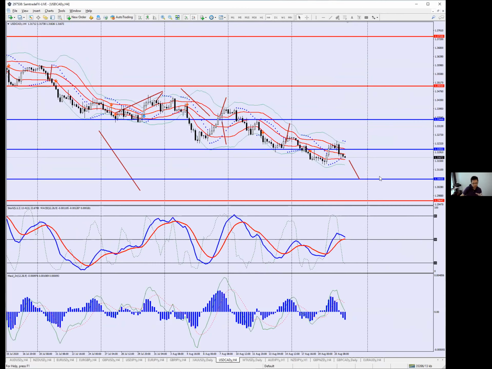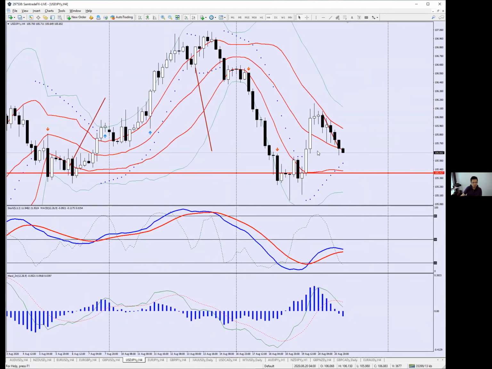Okay, so that was the US CAD. I wanted to touch back on what I shared yesterday. The US yen: I was saying that we were looking at it possibly coming back down towards the 105.41 level. It's done that exactly. I have not changed this brown line that I drew yesterday. I hope some of you got into that trade, a good 40 pip move downwards.